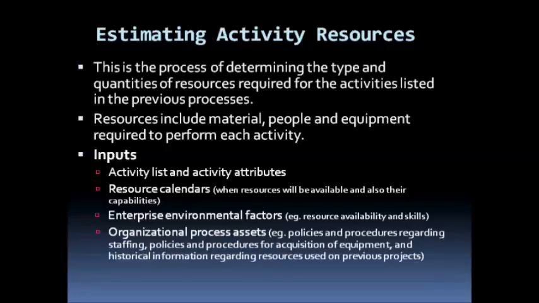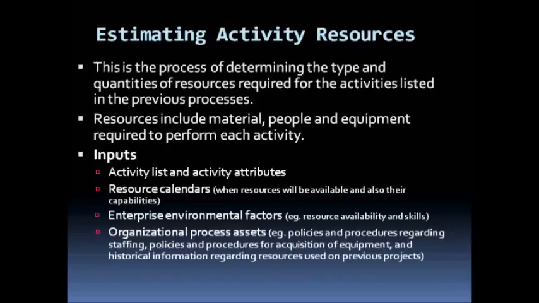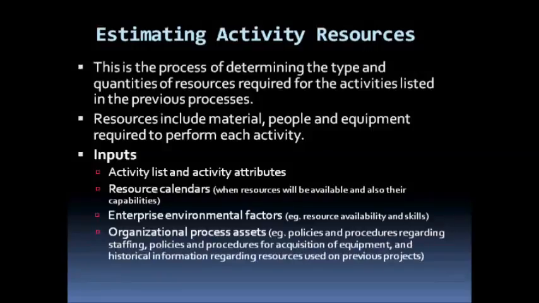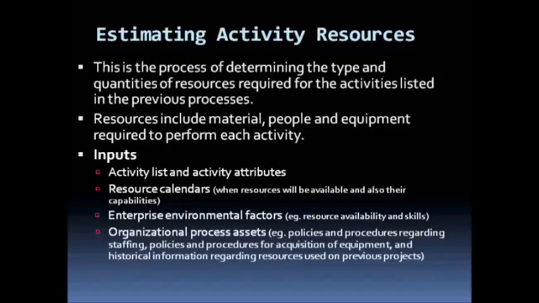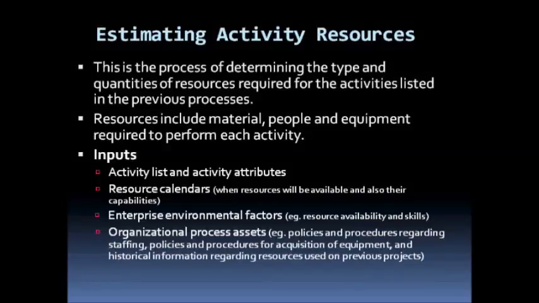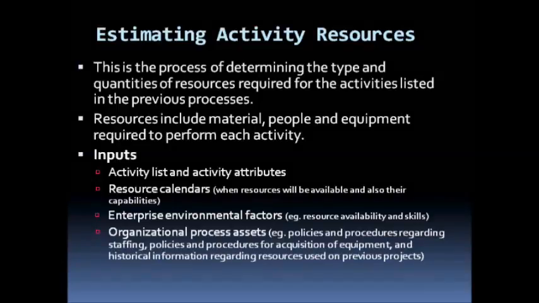Resources are not available all the time. Resources could be working on other projects, resources could be working with other teams, resources could be on vacation. So referring to the resource calendar will help us to know when resources will be available so that we can assign them to our activities.